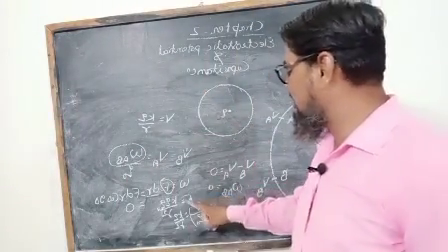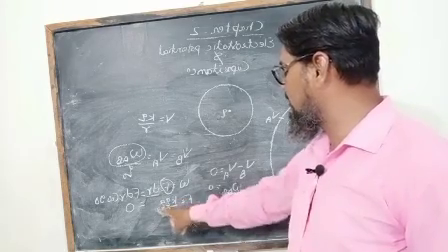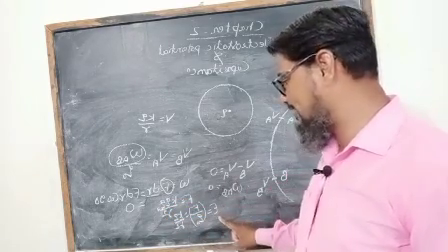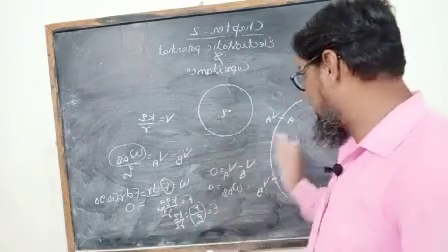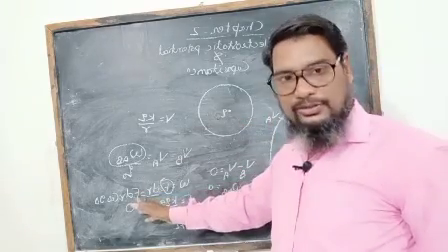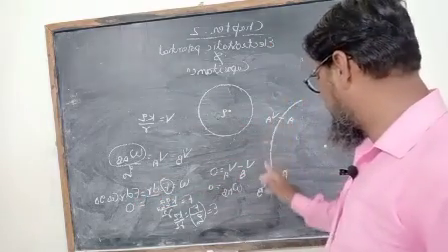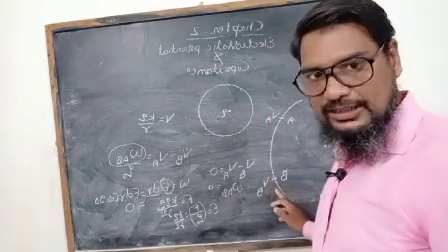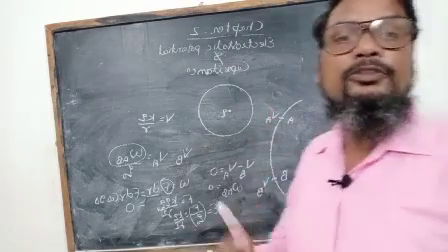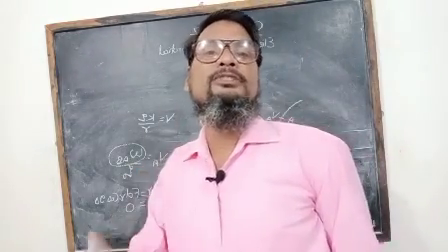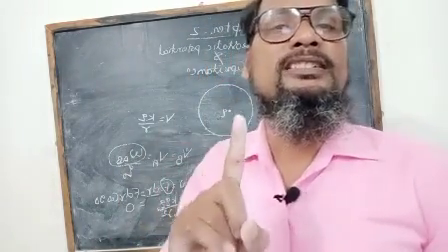And here F is equal to KQ upon R square, meaning electric field intensity. So the electric lines of force show the direction of force, and this displacement is on the equipotential surface. So electric lines of force are always perpendicular to the equipotential surface.